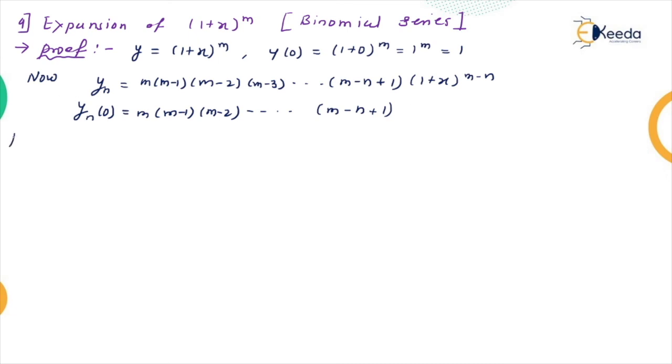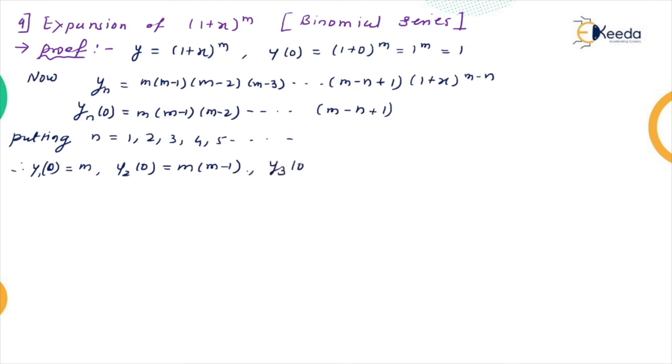Now putting n equal to 1, 2, 3, 4, 5 and so on, y1 of 0 is simply m, y2 of 0 is m into m minus 1, y3 of 0 is m into m minus 1 into m minus 2, and so on.